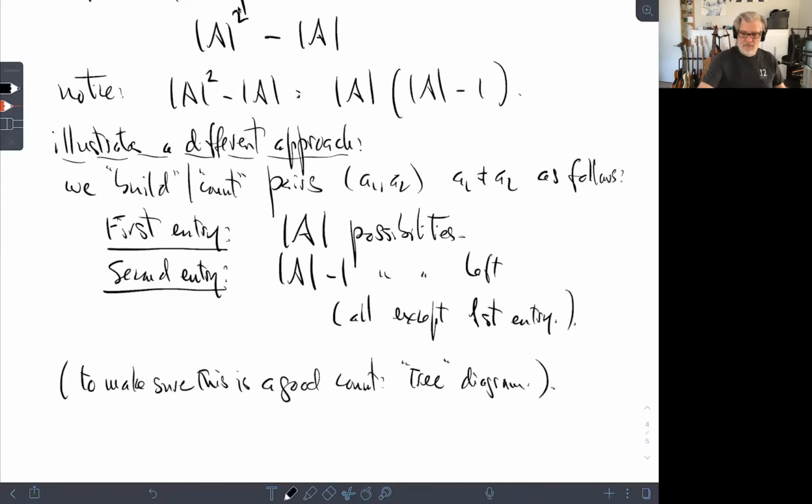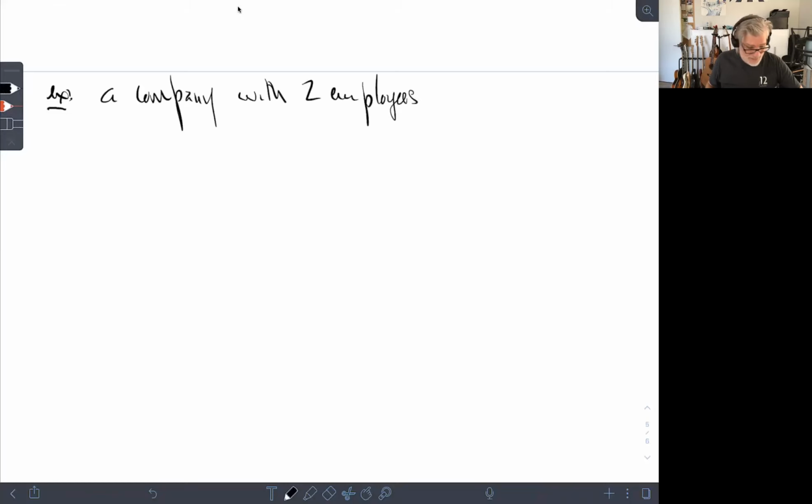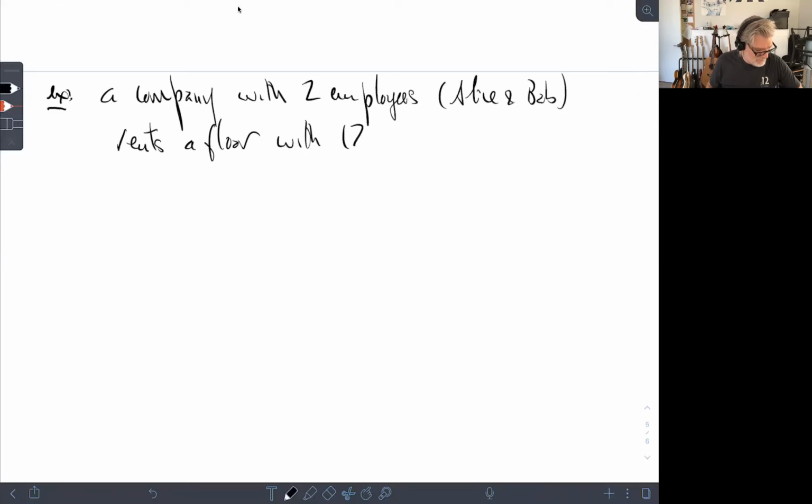Okay. All right. So let's see if I can do another one like this, which is similar. Here's another example. Typical problem like this. A company, this is the part I really dislike, just writing down the questions is so long. A company with 2 employees, Alice and Bob, them again, rents a floor with 12 offices.